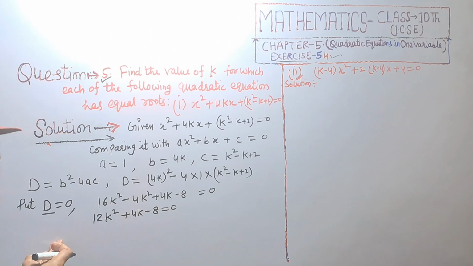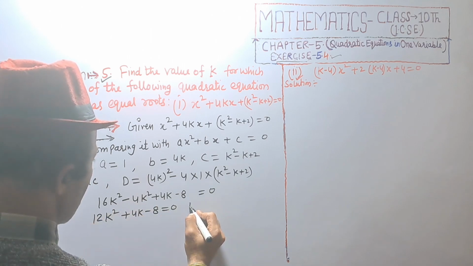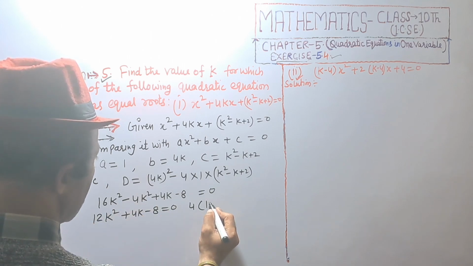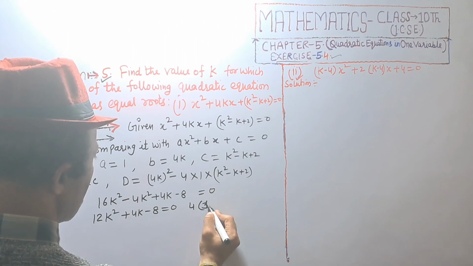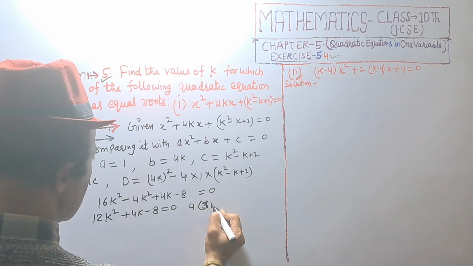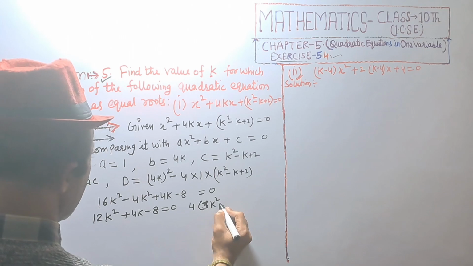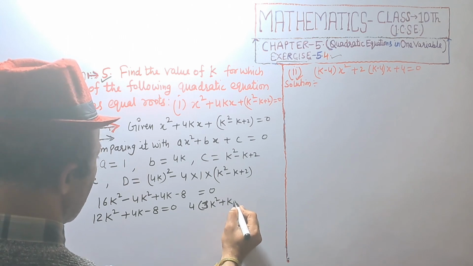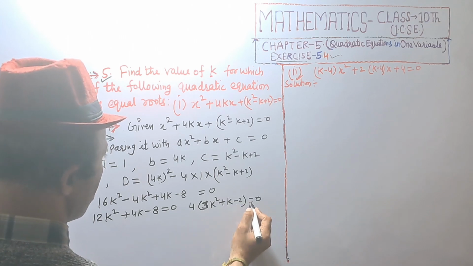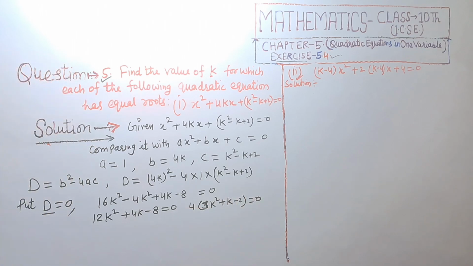We are taking common 4 in bracket: 3k square plus k minus 2 equal to 0. 4 is not equal to 0, and the quadratic equation is 3k square plus k minus 2 equal to 0, and we are splitting by middle term.